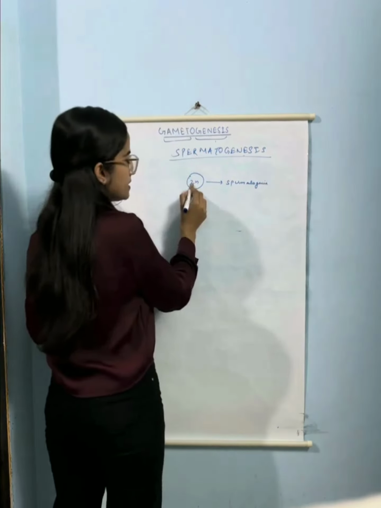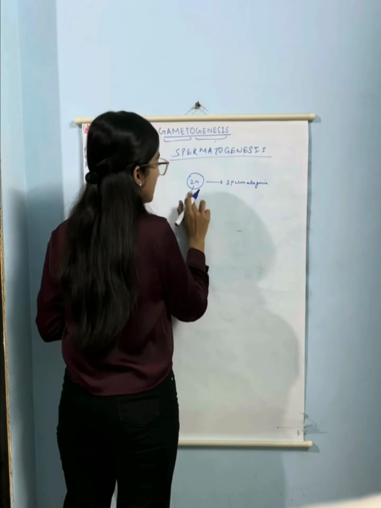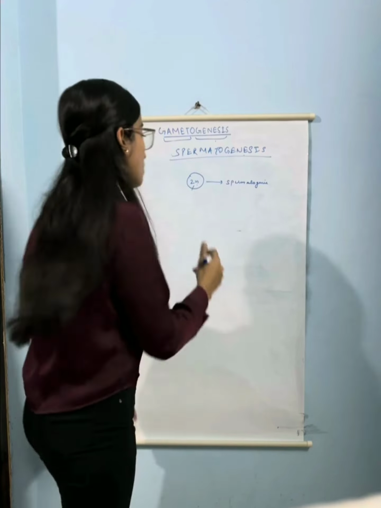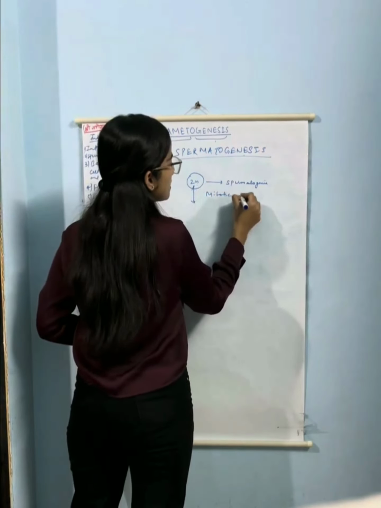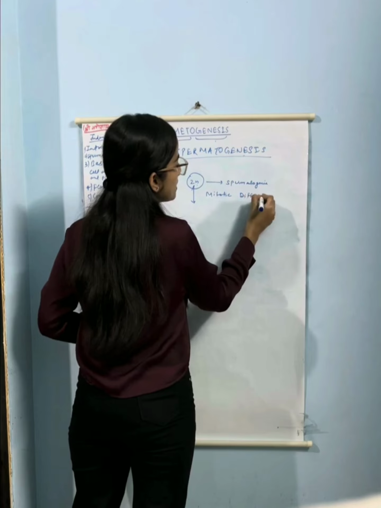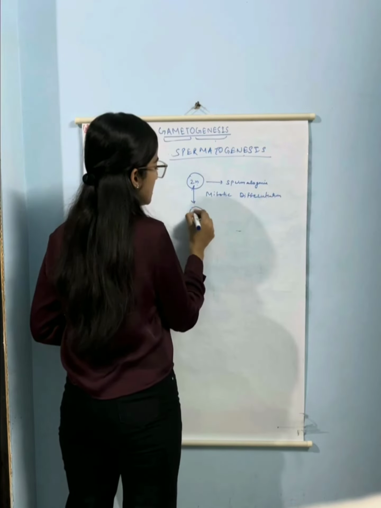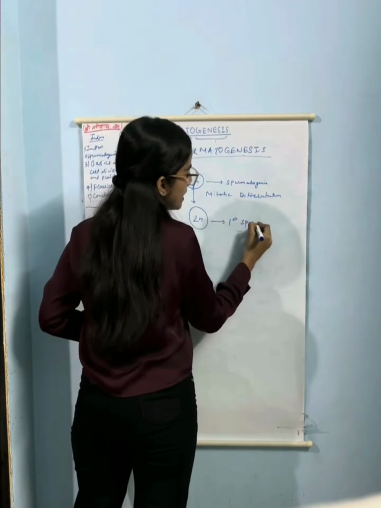It is a diploid cell. First it undergoes mitotic division and increases in number. Then it undergoes mitotic differentiation and increases in size, and forms a cell which is known as primary spermatocyte.